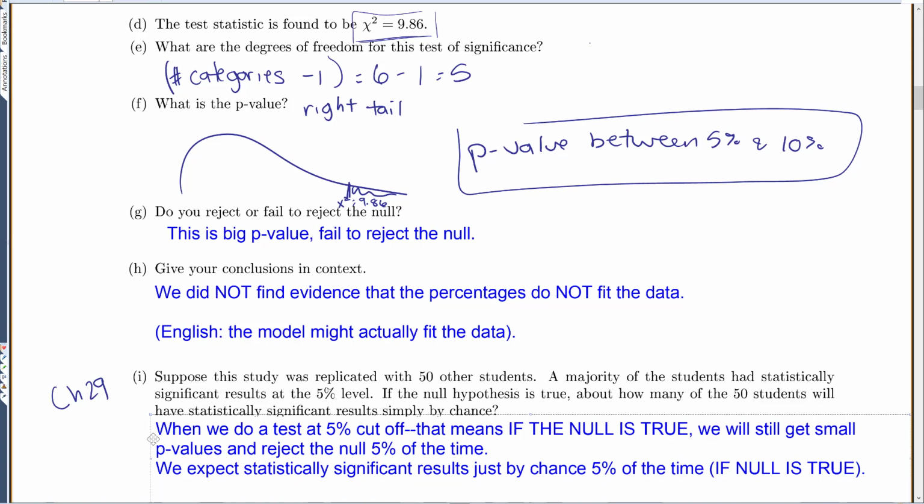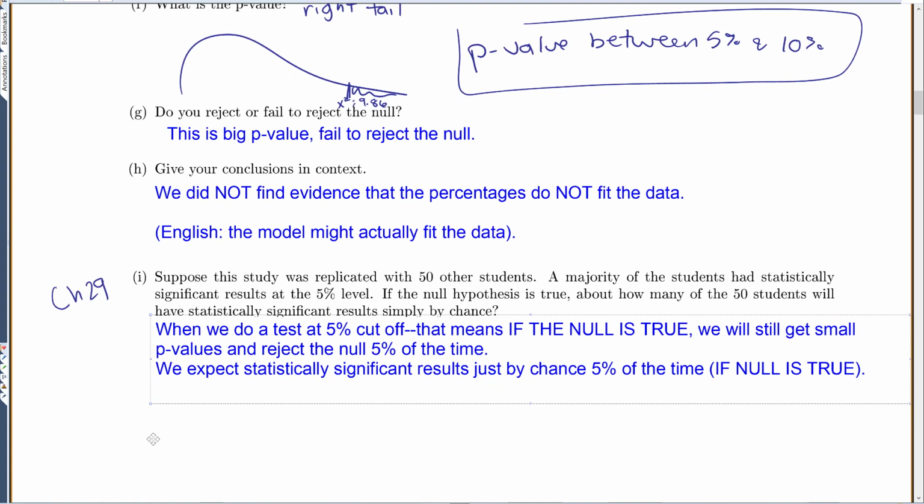So then if you have 50 students, let's see, 5% of 50 students is, let's see, to do 5%, we'll do 5 divided by 100 and then times 50, so that'll be 5% of 50.